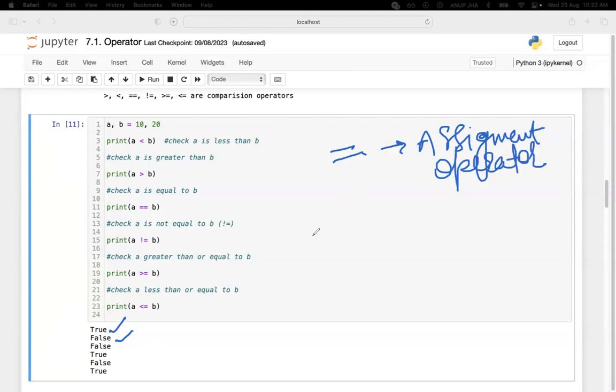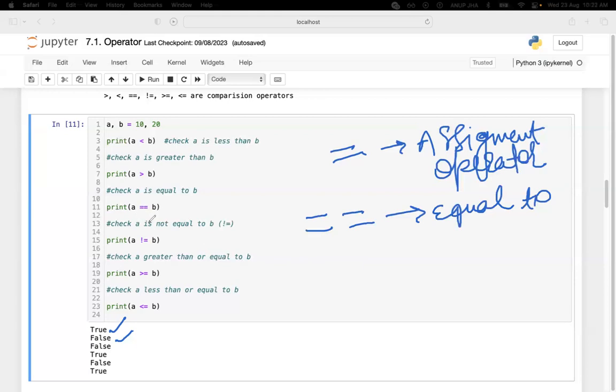When you want to assign a value to any variable, you use this operator. And this double equal to sign is called equal to. This is one area where most people get confused, especially beginners. So you have to keep this in mind: the single equal to is actually the assignment operator in Python, and this double equal to is called equal to.